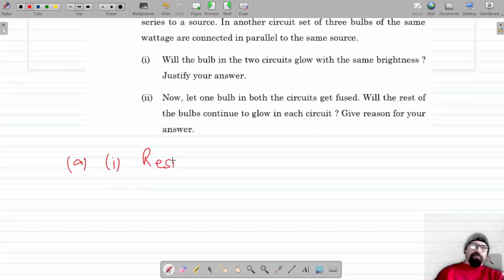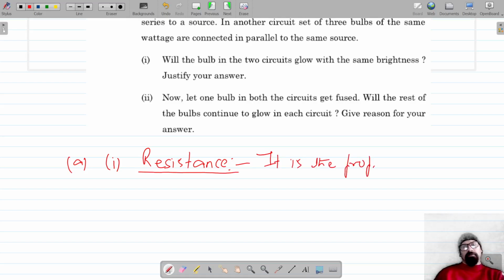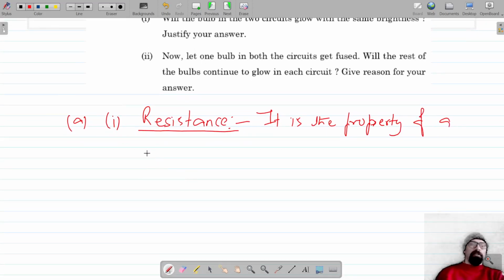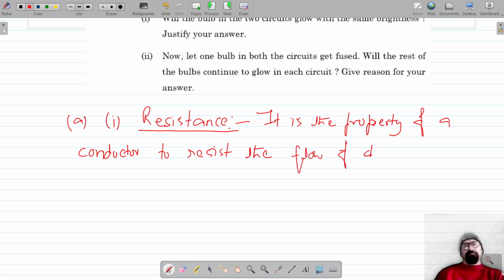The resistance of a conductor is the property of a conductor to resist the flow of charges.